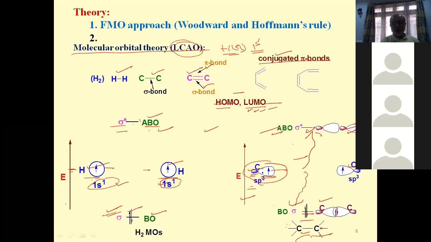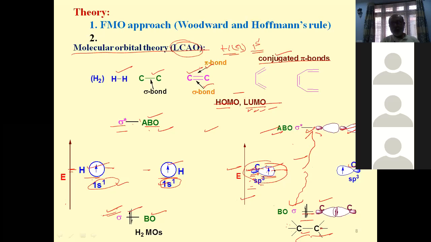And this phase of this is the phase of this, and the other one is having just the opposite phase. We'll talk a little bit about that phase and the wave function in our next slide, maybe. So there is a node here. Node is the transformation of phase where it takes place. So that is the node at the middle.